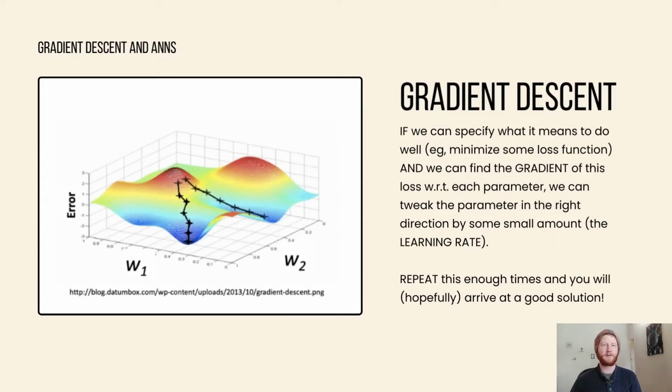If you can specify what you'd like, some sort of objective function, say we want to minimize some error or some loss, and then if you can find the gradient of that loss with respect to each parameter, that is, if I tweak one parameter, does the loss go up or down? Then I can use this information to update those parameters by some small amount to nudge them in a direction that reduces the overall loss. And if you do this multiple times, then congratulations, you are optimizing via gradient descent.